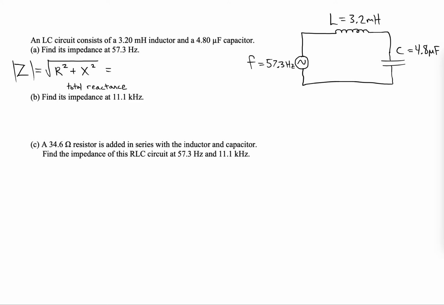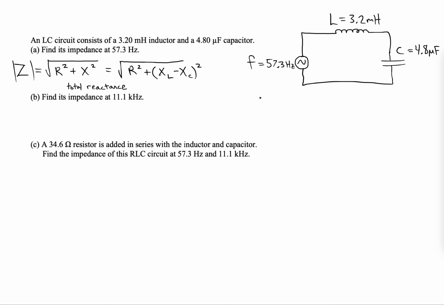Sometimes it is, if you just have one or the other, like just one capacitor and no inductor, then it would stand for the capacitive reactance. But since we have both an inductor and a capacitor, we have to replace it with this expression, XL minus XC. See, it's actually a combination of both types of reactance. So we're going to definitely want to calculate both of those.